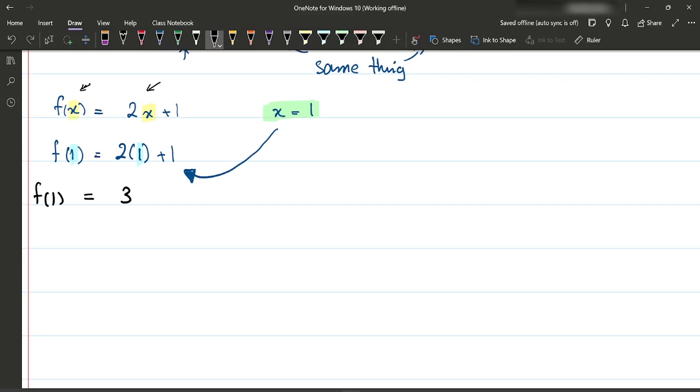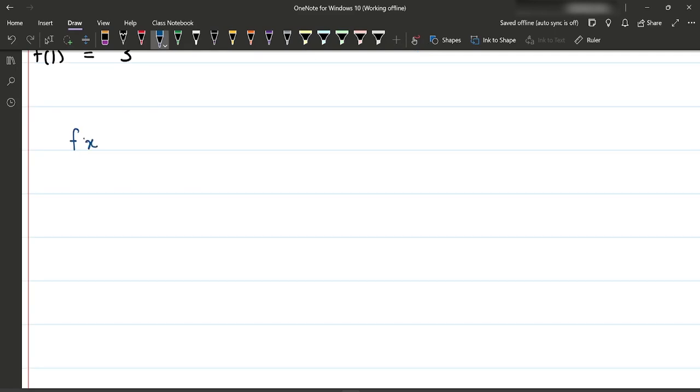However, we can't say f of x is equal to a value. Let's say f of x is equal to 2 plus x, and I could say g of x is also equal to x squared, maybe.